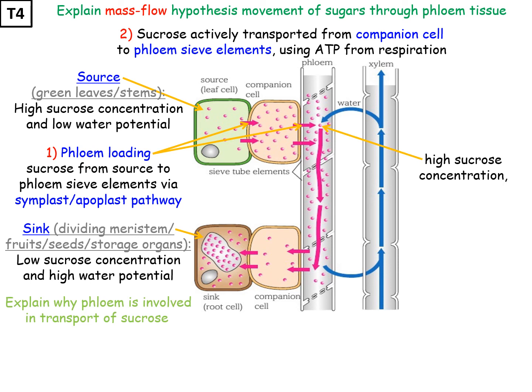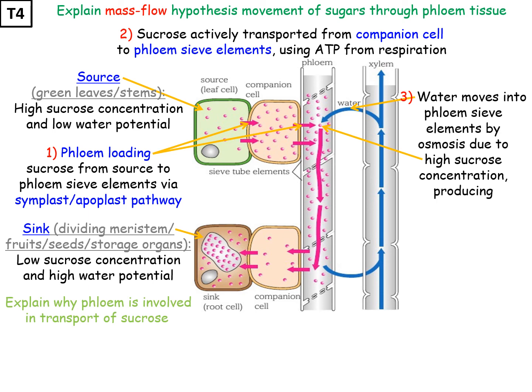This creates a really high sucrose concentration in the sieve tube elements. Because it has a high sucrose concentration, the water potential of that area is really low. This causes water to move from the xylem into the phloem sieve elements by osmosis, from a higher water potential to a lower water potential in the sieve tube elements.